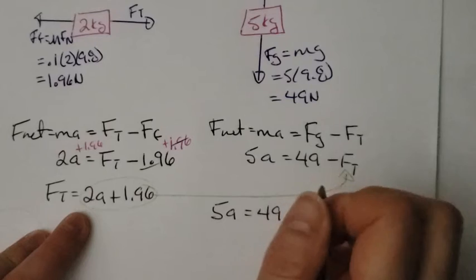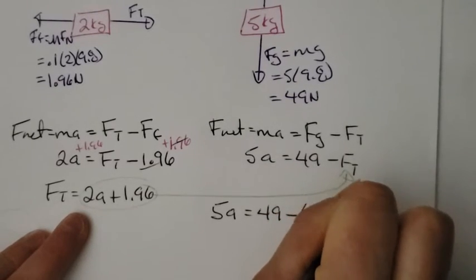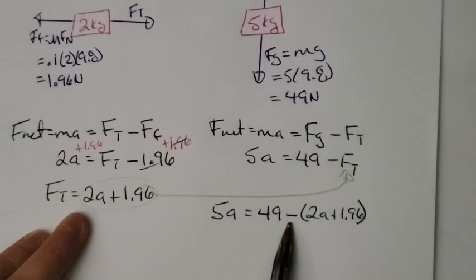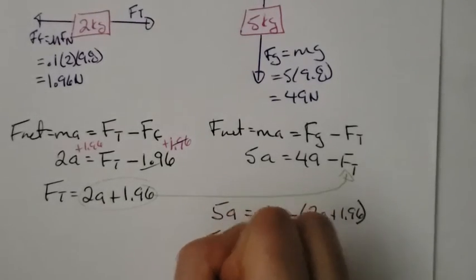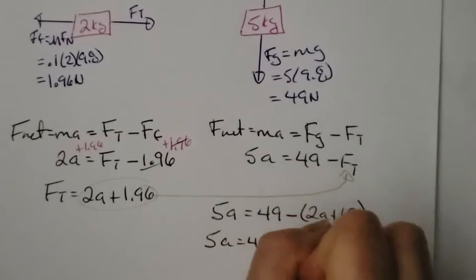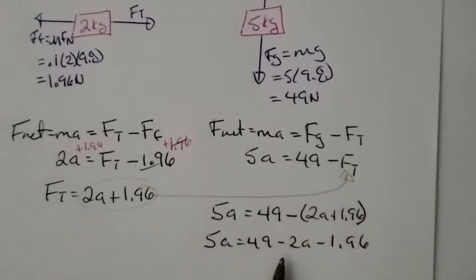It's 2a plus 1.96. I need to expand the bracket by multiplying both by the negative. So I get 5a is equal to 49 minus 2a minus 1.96.